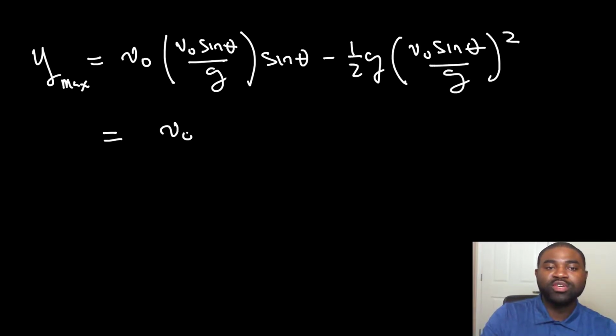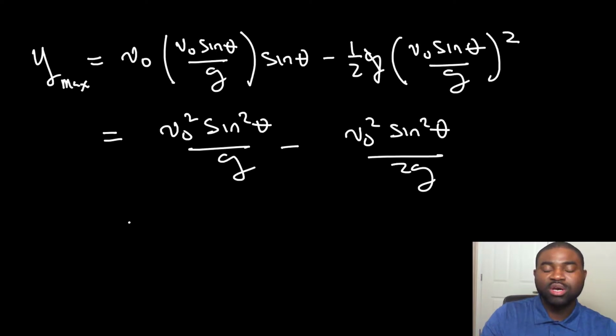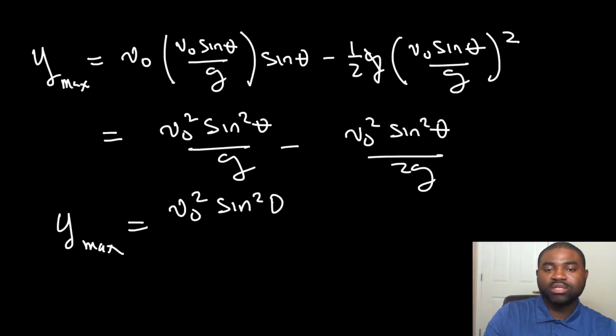This becomes V naught squared sine squared theta all divided by g minus V naught squared sine squared theta all divided by 2g. Notice that one of the g's will take care of one of the g's, and we're subtracting a 1 from a half, so this means that Y max is equal to V naught squared sine squared theta all divided by 2g.